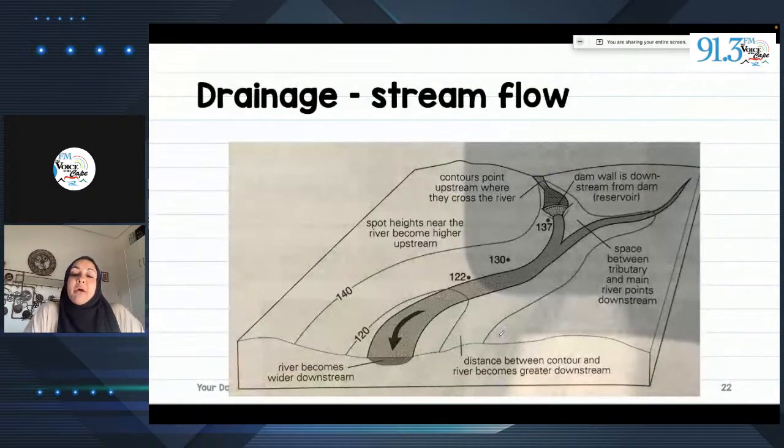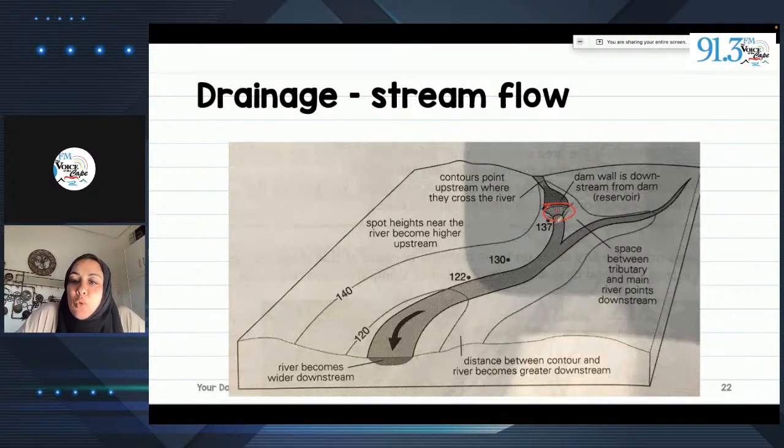Now, the main thing that children often get confused about is stream flow. From where does a river flow and where does it flow towards? So the question would be, in which direction does the Crocodile River flow? Always remember the following things. A dam wall, which is this particular one here.